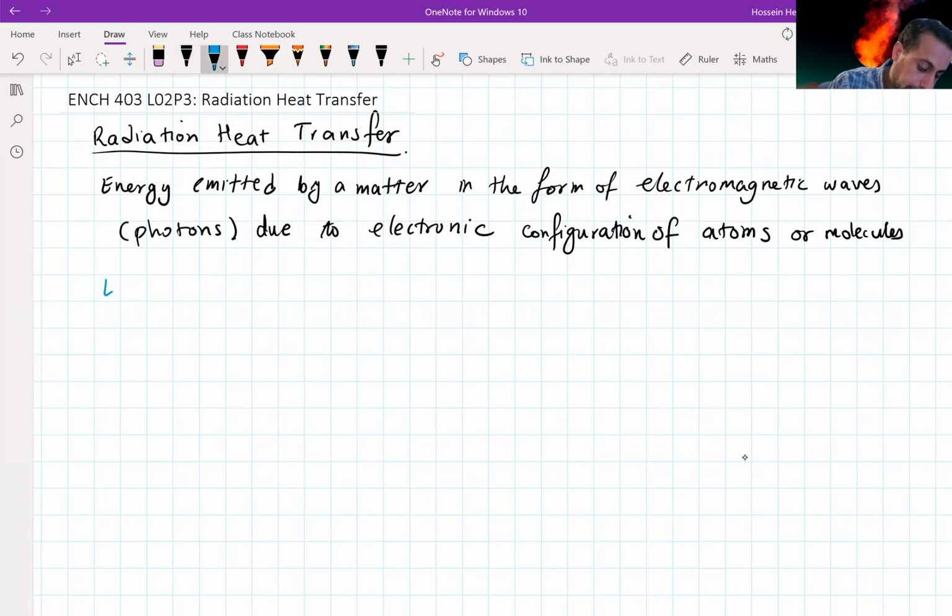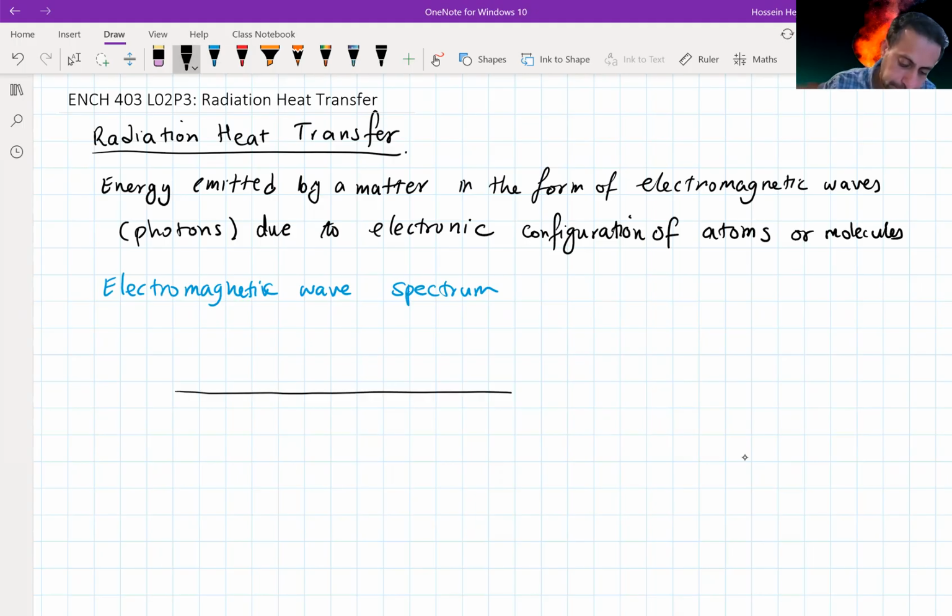If I make that. And let's say this is the wavelength, in micrometers: 0.1, 1, 10, 100.